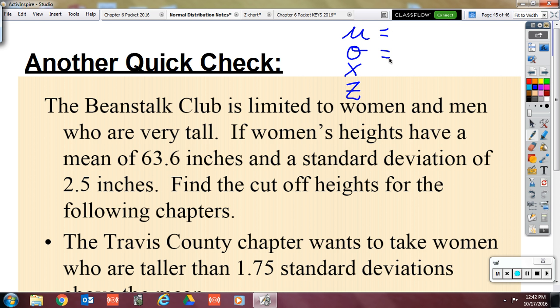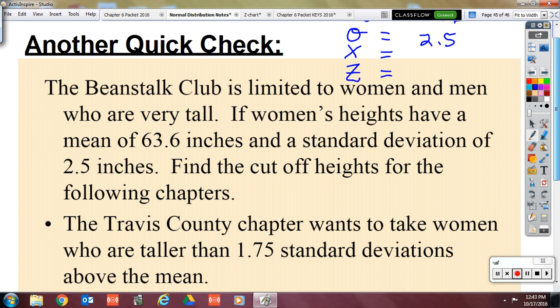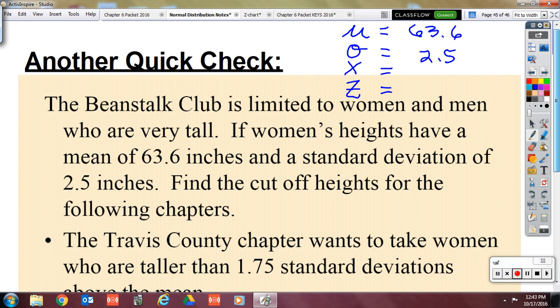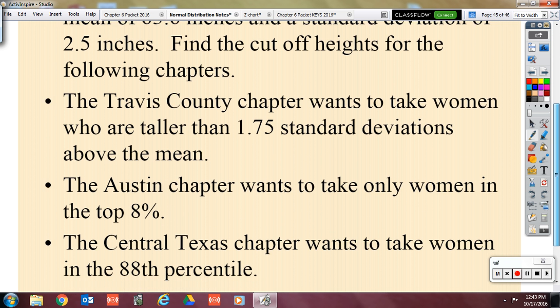So with every problem that we ever do, you should be able to identify 3 out of 4 of those items, and then you solve for the 4th. Well, this whole page has got a mean of 63.6 and a standard deviation of 2.5. So let's look at each problem and find what the x and the z is for each one of these problems.